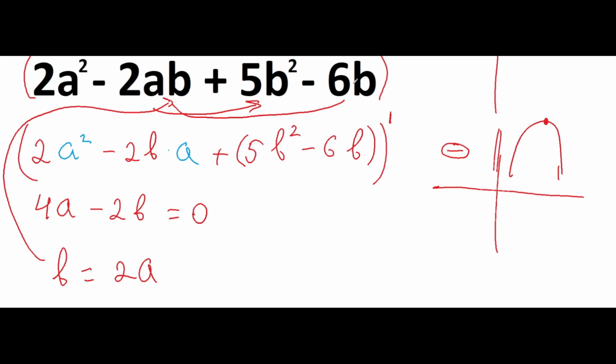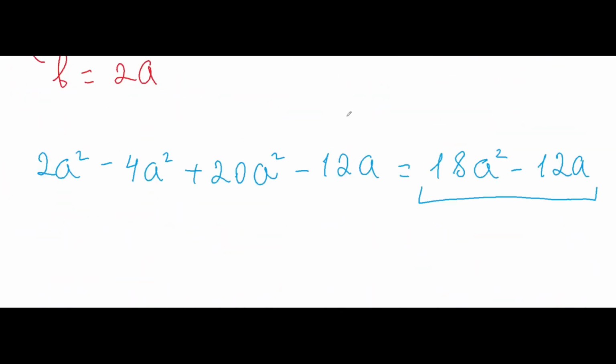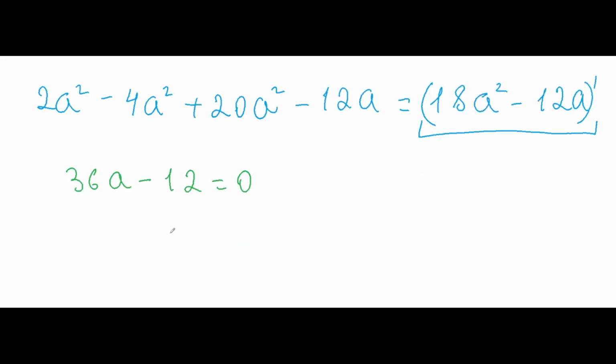We have to pay attention to this. As this is not a constant number, we'll have to take a derivative again. If we take a derivative of this expression, we'll get 36a minus 12, and if we equate this expression to 0, we will get that a will be equal to 1 over 3.